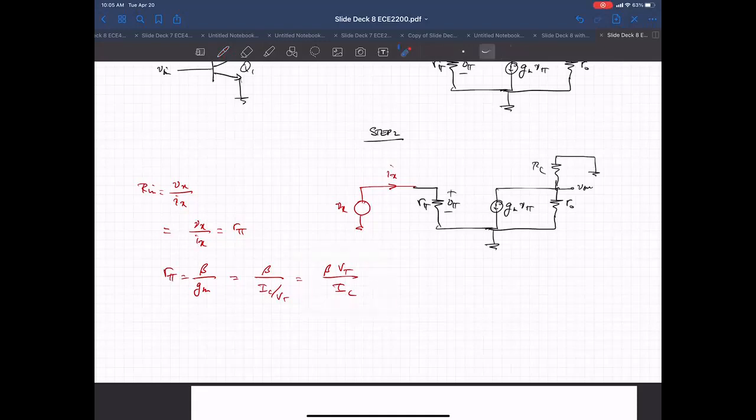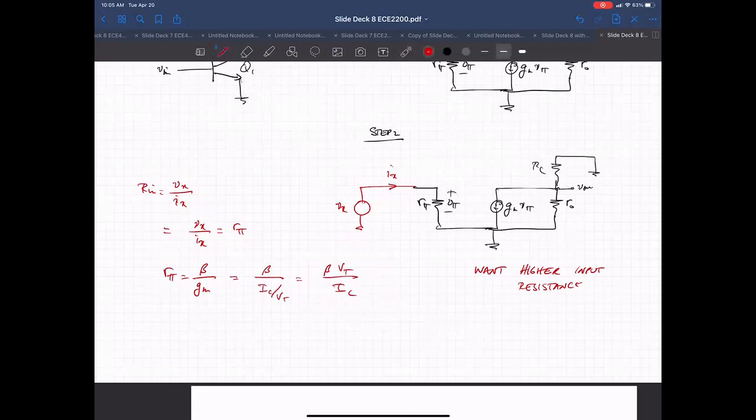Remember, we want higher input resistance. Generally, higher input resistance is better. So to do that, V sub T is a constant, you can't do anything about it.